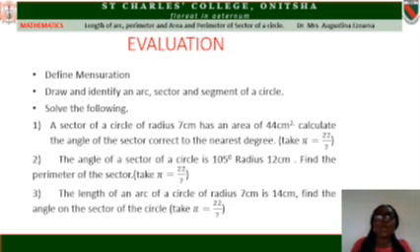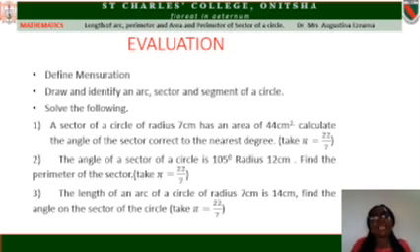Now, let us look at the evaluation. Remember that the evaluation, you got it from the specific objectives, and if the evaluation does not tally with the specific objectives, you know that the lesson is not correct. But now let us look at the evaluation to see whether it tallies with the specific objectives. In the first instance, I told you that you will be able to give the meaning of mensuration.